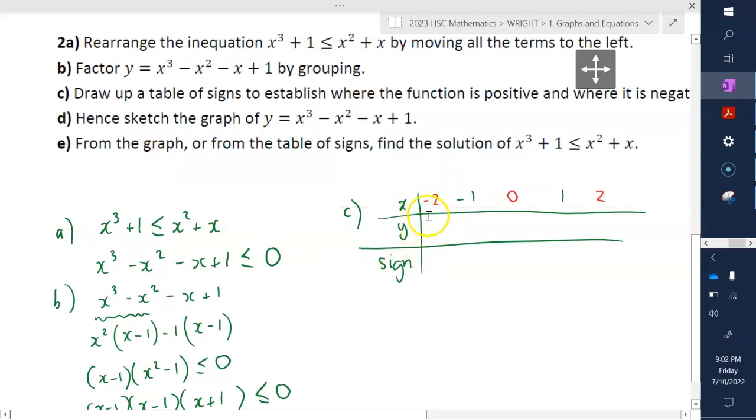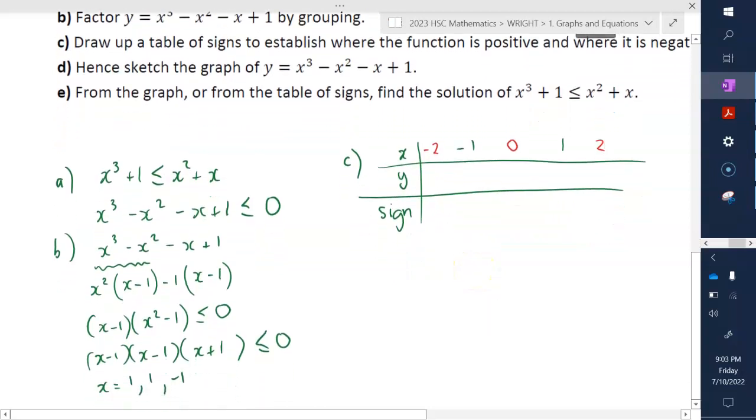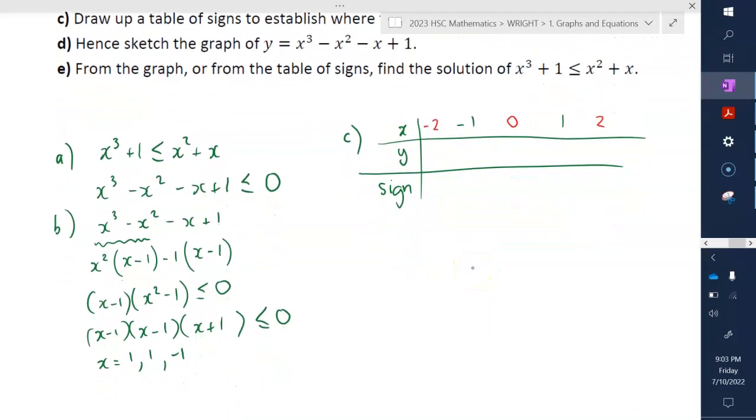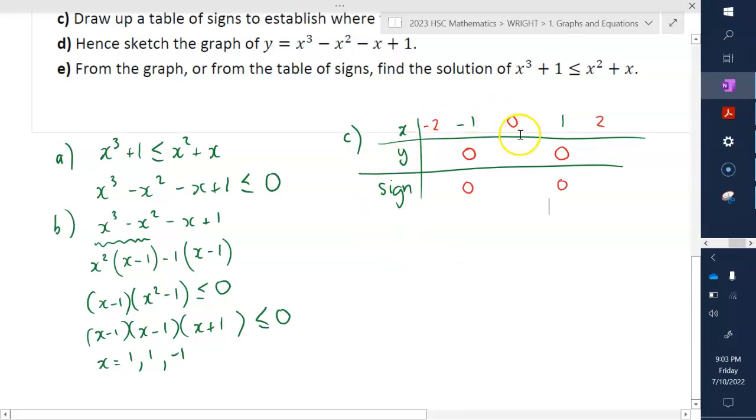We're just going to pop each of these values into our function to figure out what our y value is going to be. Straight up, we know that our y value for these ones here is 0 because they are our zeros, and that's where it cuts the x-axis. And we don't have a sign because it's 0. So we only have 3 points that we need to do.